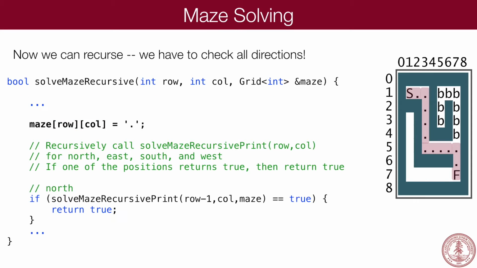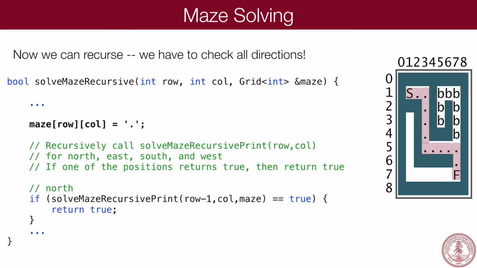All right, now here's the go check in all directions. This is the idea where we're going to do the recursion. To go north, let's look at what we have to do. We have to solve the maze by trying one previous row, because one less row is north on our maze.